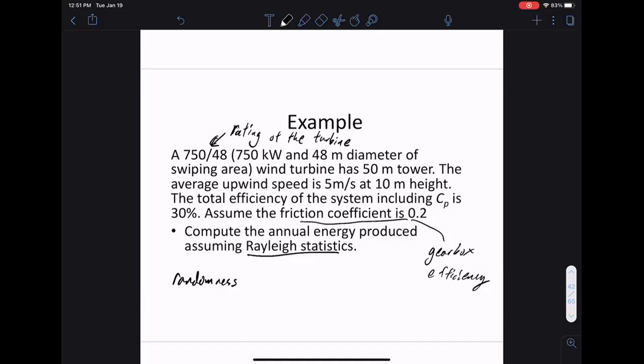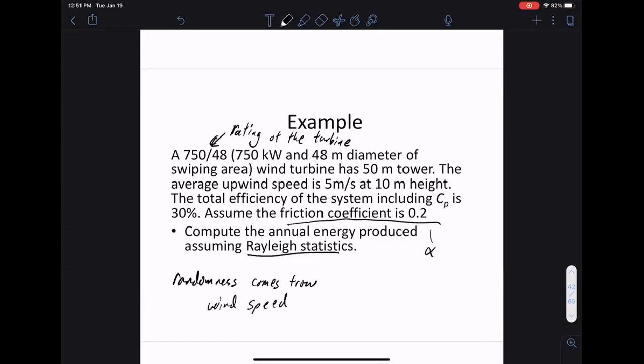The turbine is rated at 750 kilowatts, and the randomness comes from the wind speed. And what do I mean by this question?